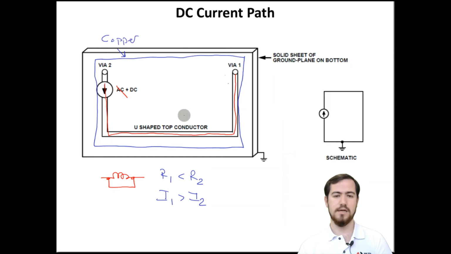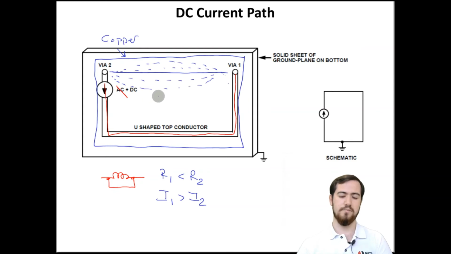So the current can pass through anywhere on this copper region. However, the DC current should follow the minimum resistance path, so it accumulates around this line. However, it also still passes through the outer lines with reduced current density. So that should be our current distribution for a DC conduction path.